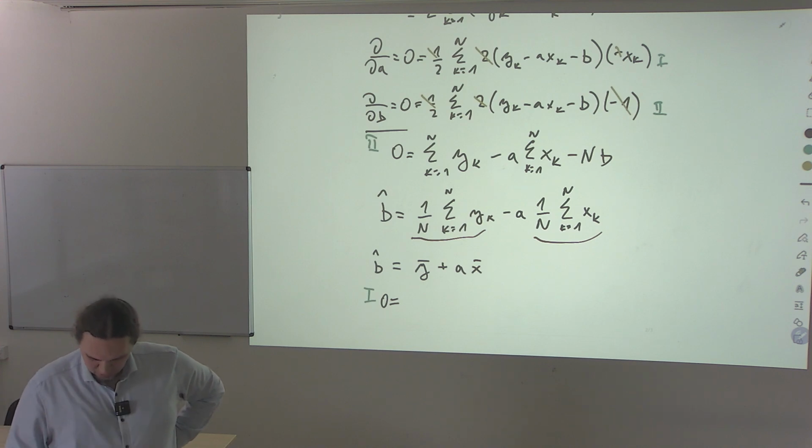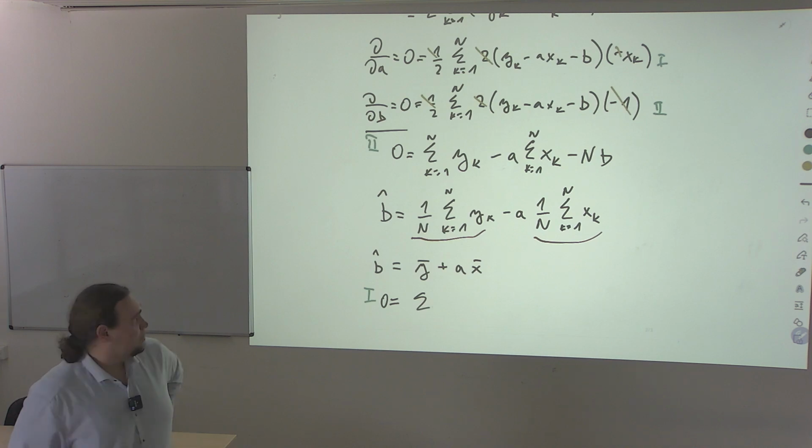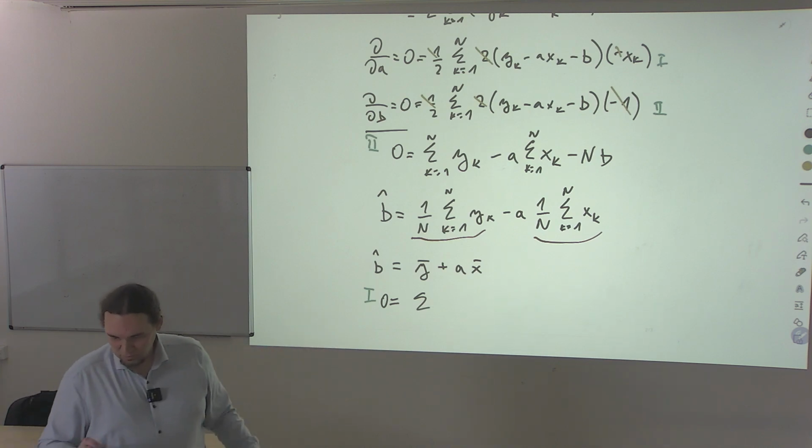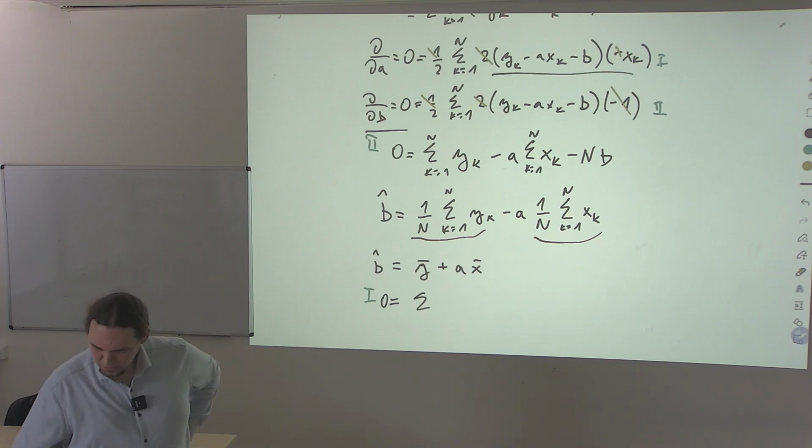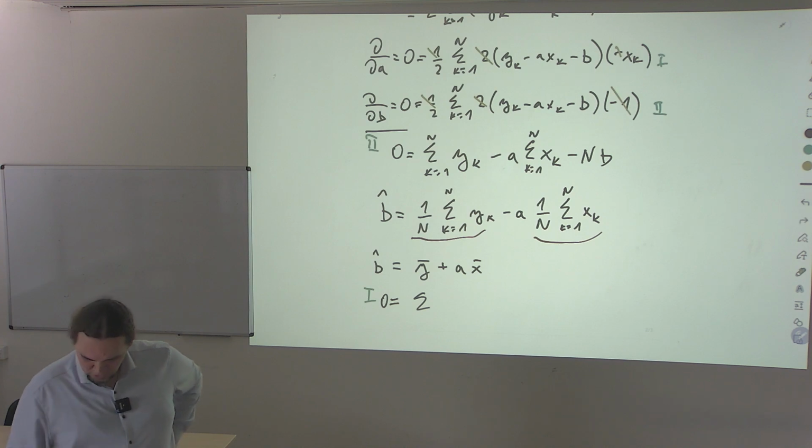So let's just get it into some convenient form, and the convenient form will be just that we do the multiplication between these two terms.